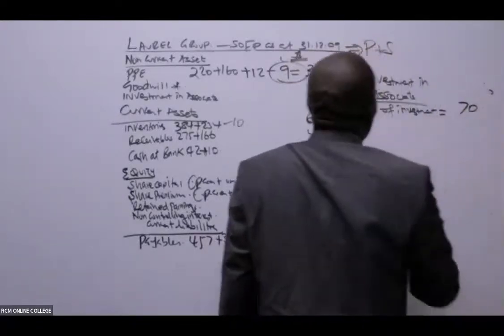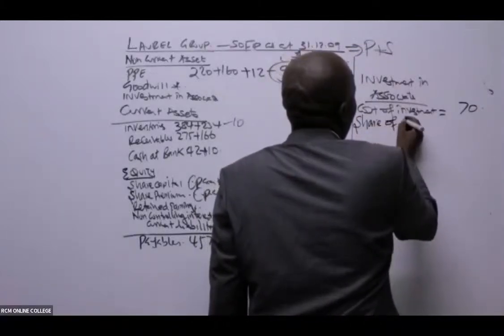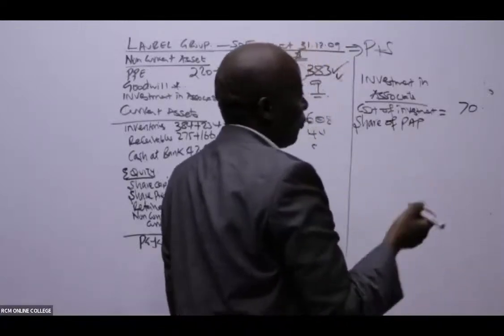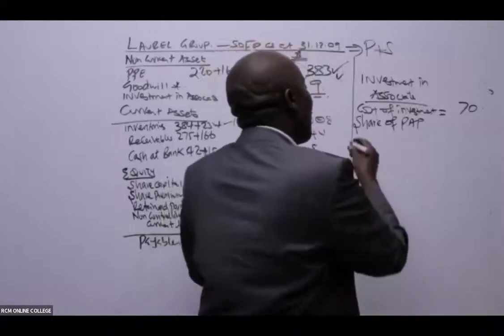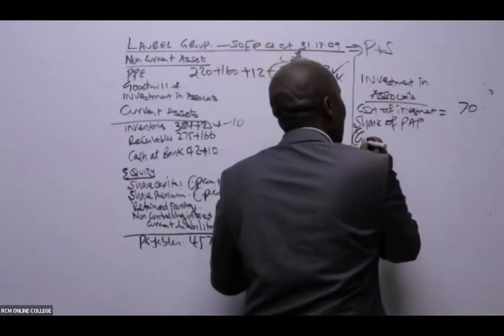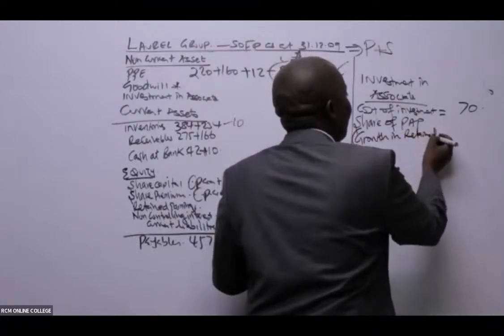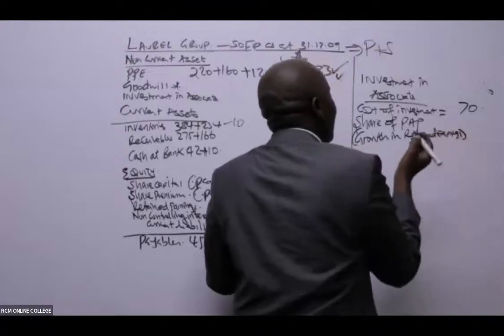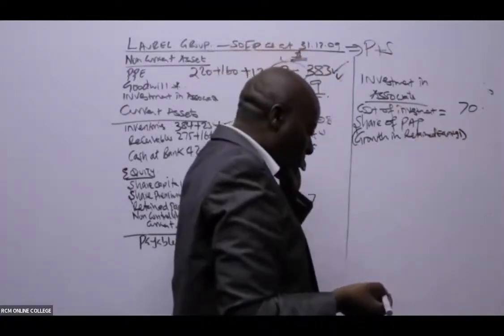But now remember, we have share of PAP. PAP is post-acquisition profits. And for the associate, we basically look at growth in retained earnings only. So you give me the retained earnings at the date of reporting for Comic.